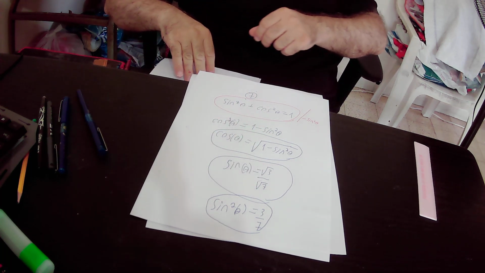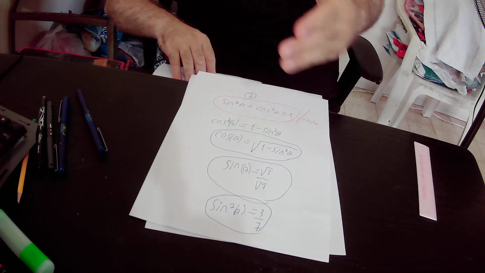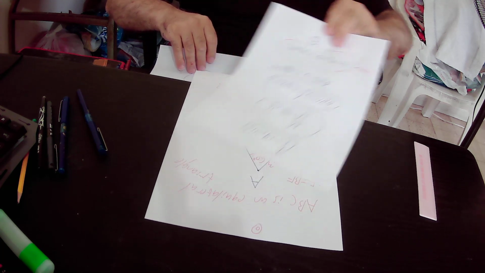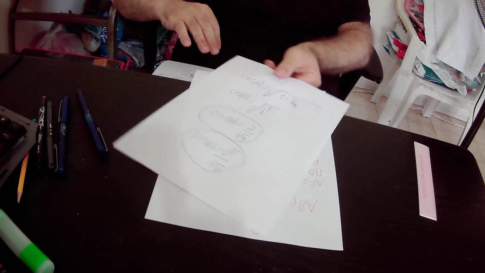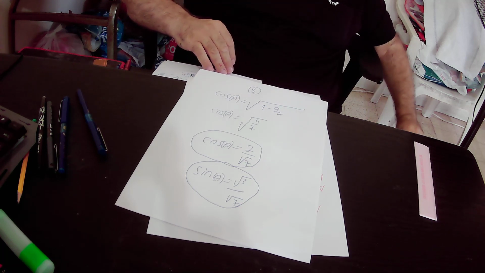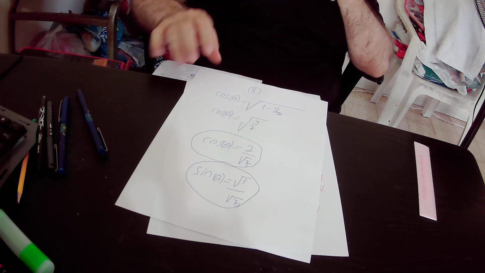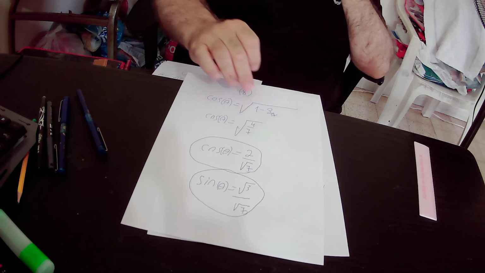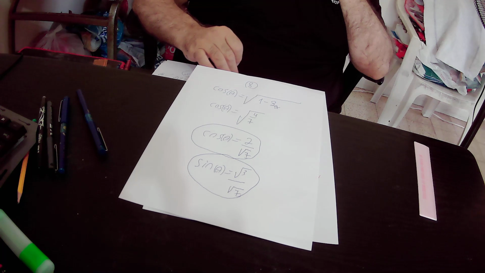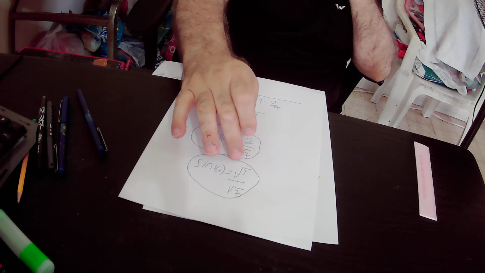So we substituted sine theta squared in this equality by 3 over 7, and we got that cosine theta equals the root of 1 minus 3 over 7. 1 minus 3 over 7 equals 4 over 7, and the root of 4 is 2, so we got that cosine theta equals 2 over root 7, and we have already found that the value of sine theta equals root 3 over root 7.